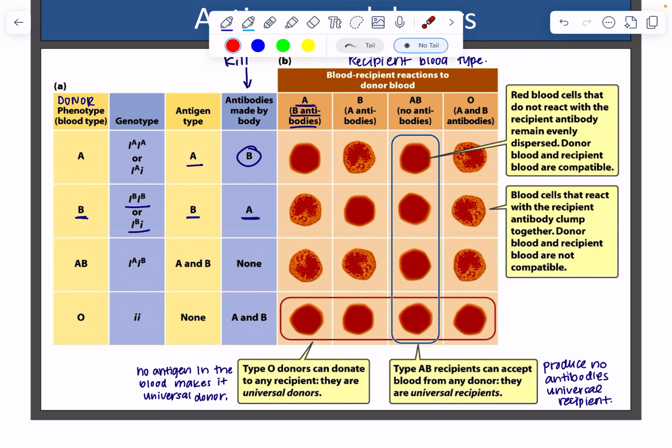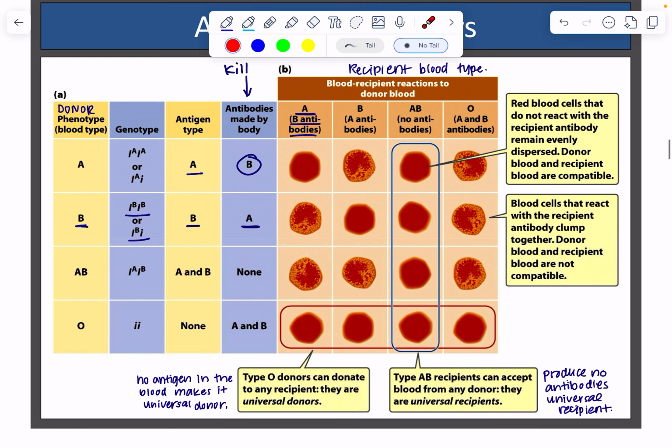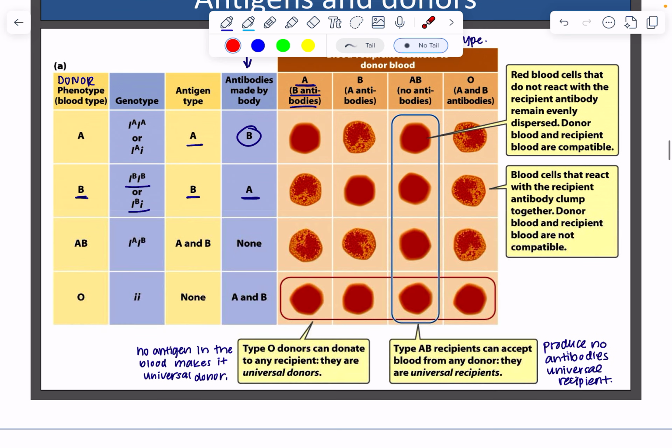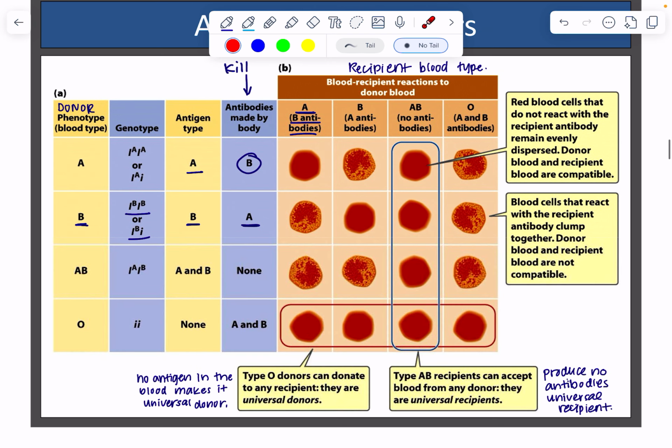So A can get A, B cannot get A. AB can get both A or B because it has no antibodies for A and B. So it's not going to kill off the B cells in the AB blood. Donor type blood, recipient reactions to donors.